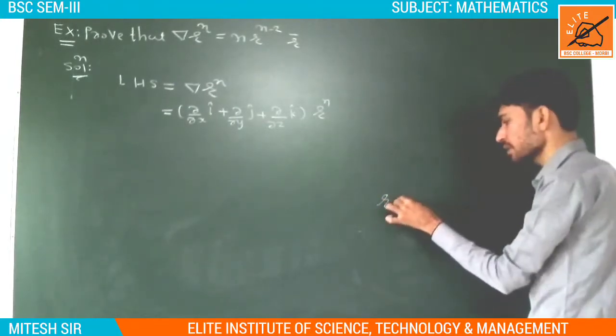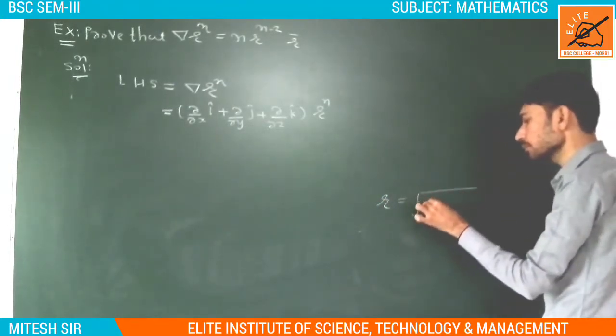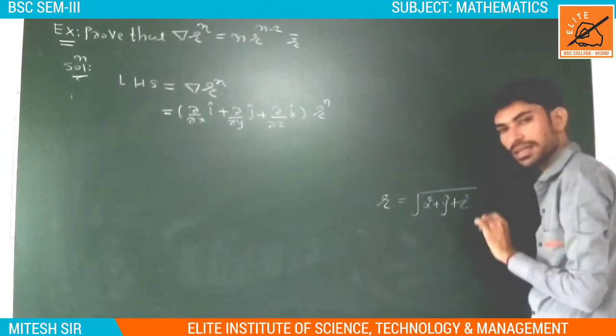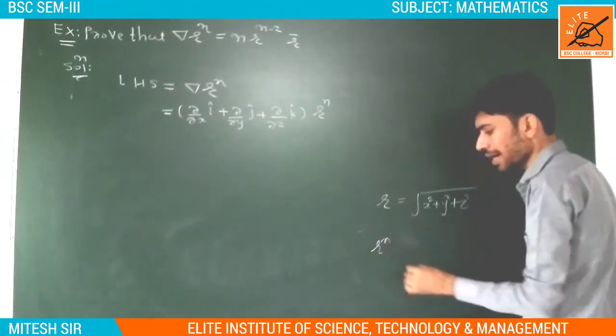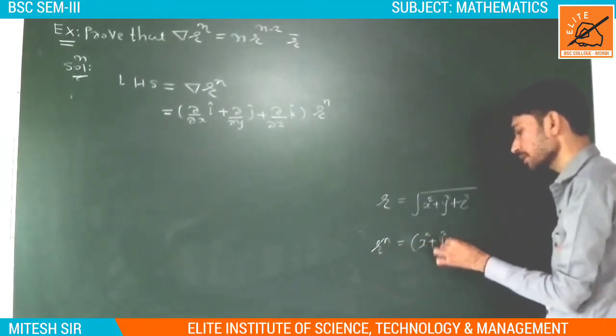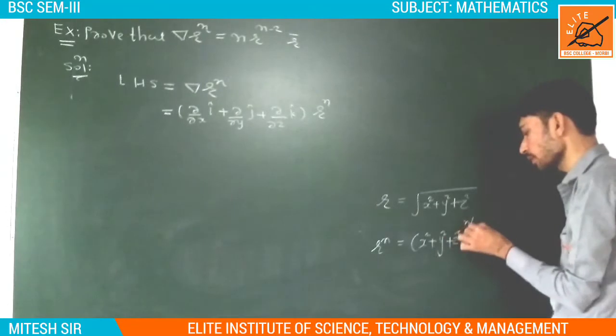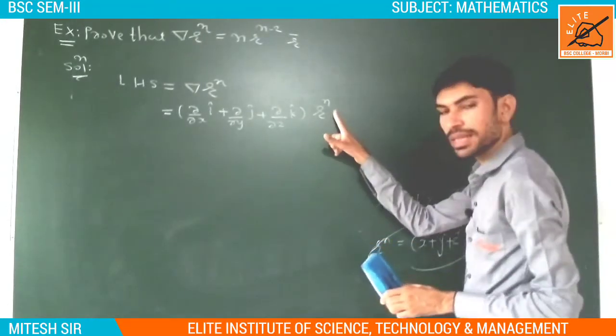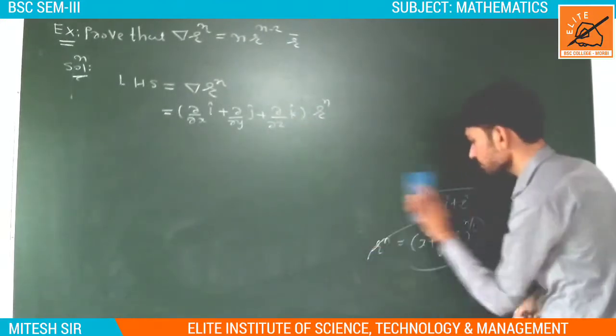As we know, r is the under root of x square plus y square plus z square. So r raised to n is nothing but x square plus y square plus z square whole raised to n by 2, which is another scalar function. So r raised to n is the scalar function multiplied inside.